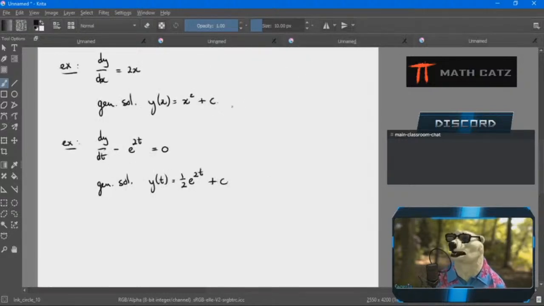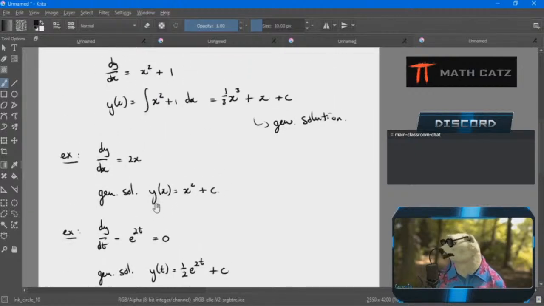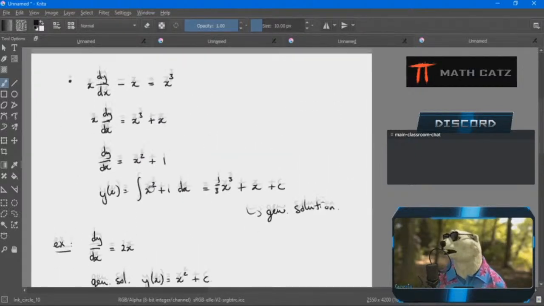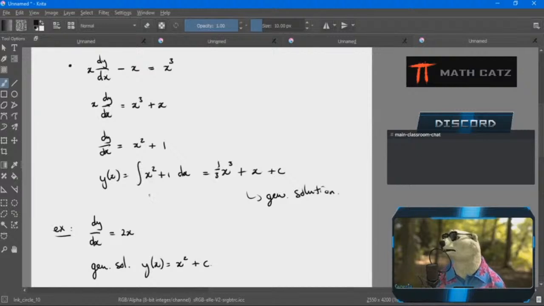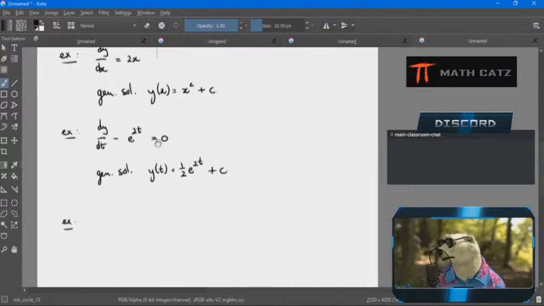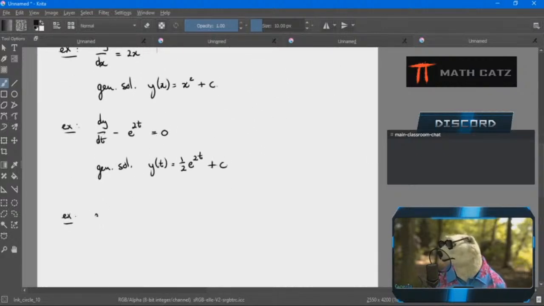And then up here we had one more example: x times dy/dx minus x equals x cubed.